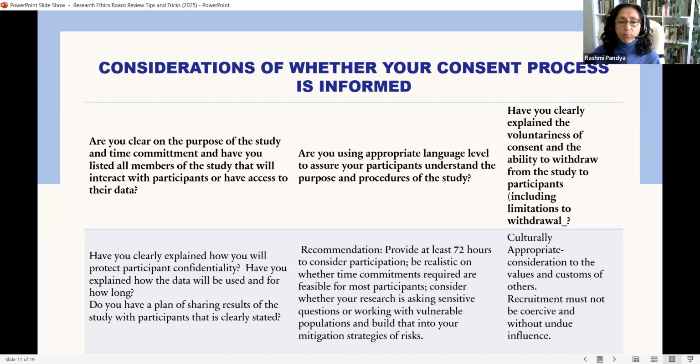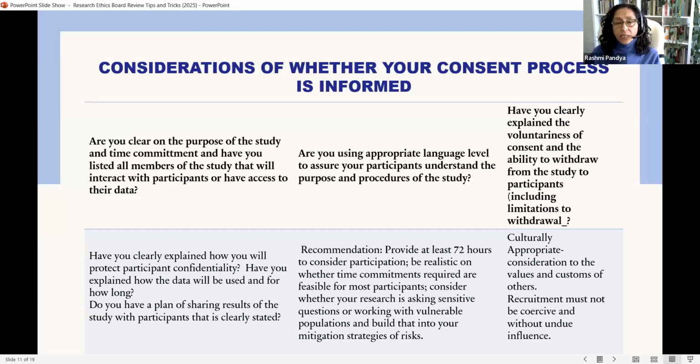There should be some manner of sharing results with participants, and that information should be included in the consent form. You should provide at least 72 hours to consider participation in a study, from the time that somebody's seeing the recruitment material till they can decide if they're going to participate or not.